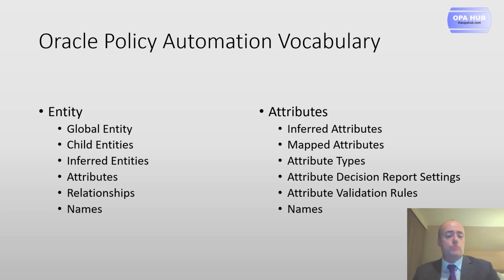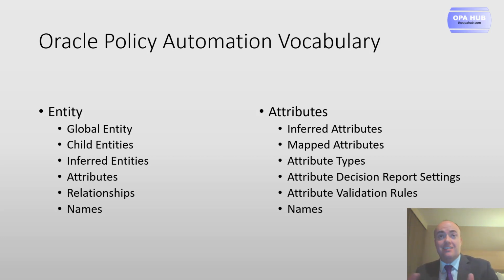We don't call them fields, we call them attributes. Our entities can have links. We don't call them links, we call them relationships. And our entities must have names. These are names that you can think of as XML tags. It's important that when you build your rule base in OPA, you remember to add names because the names show up as XML tags.